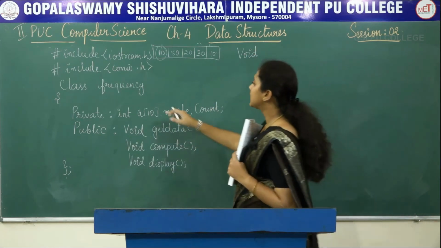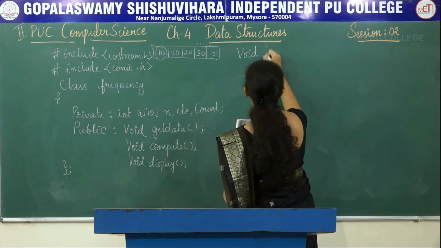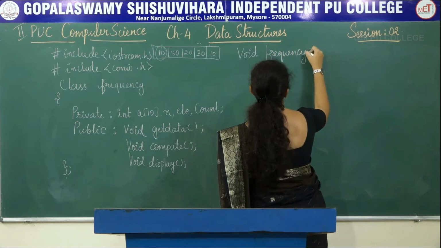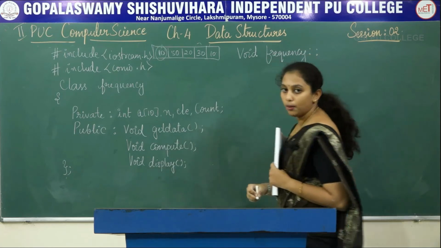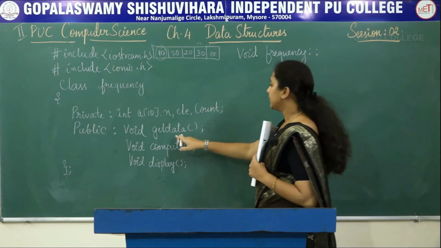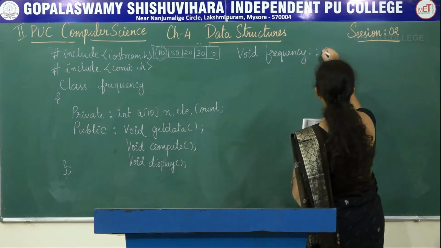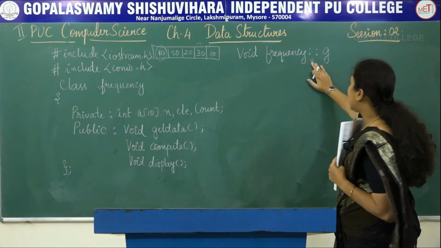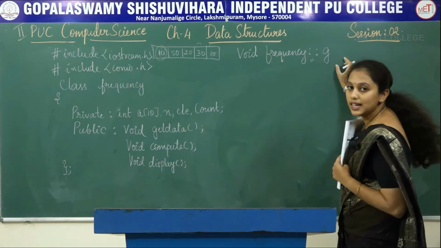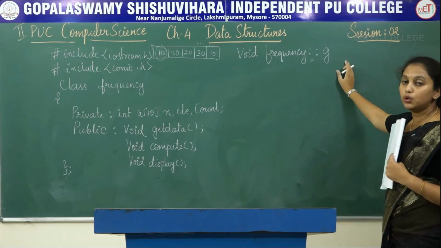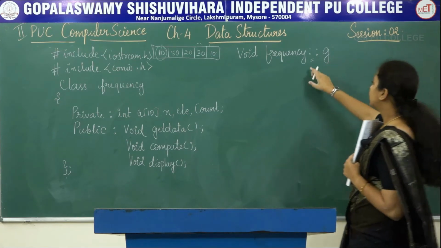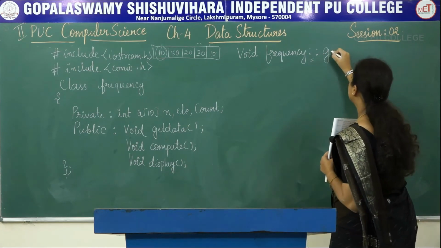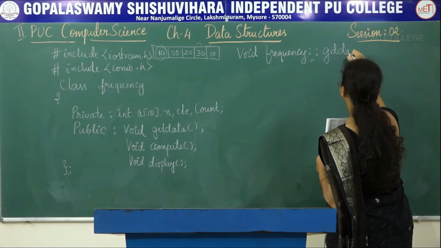The name of the class is frequency. So void frequency, scope resolution operator, then getdata. The scope resolution operator tells which class this function belongs to. So that is the usage of the scope resolution operator.